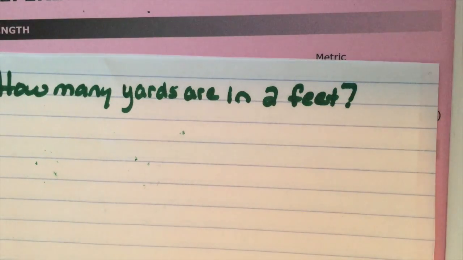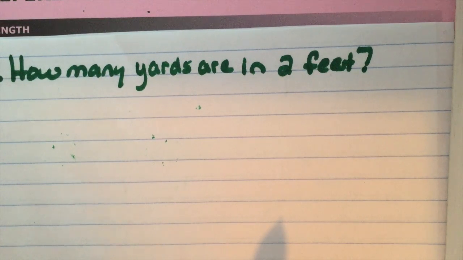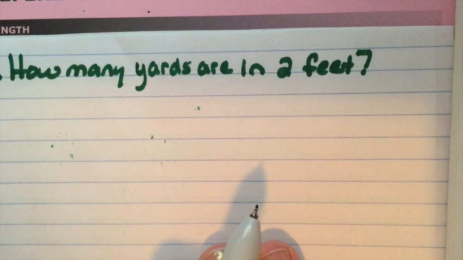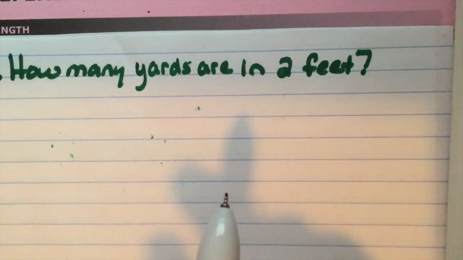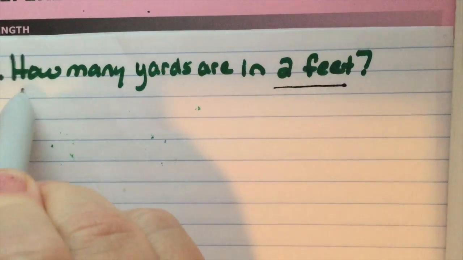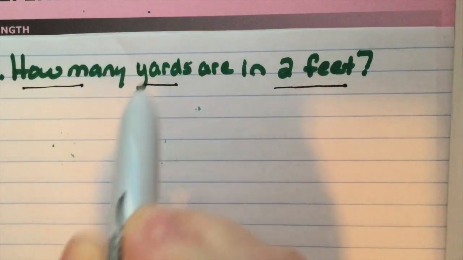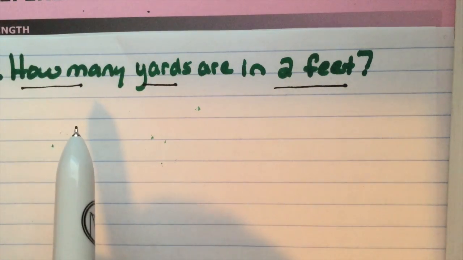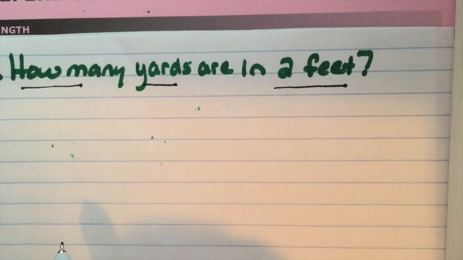Let's begin with example 1. The first question is, how many yards are there in 2 feet? Let's underline the important information. 2 feet and how many yards? We can see that the words how many indicate the basic question that we need to answer.